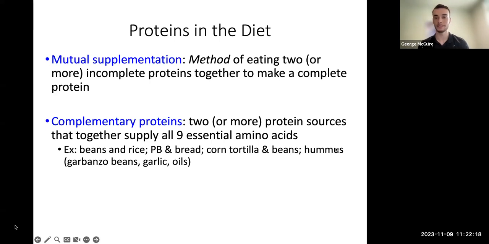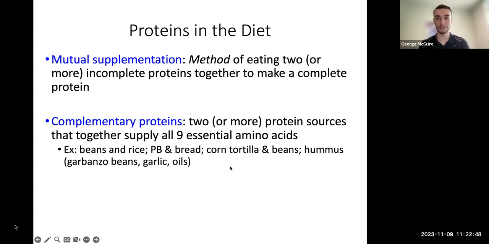And then hummus, although we consider it one food, it is a product, it is a combination of multiple sources. Hummus, being a combination of garbanzo beans, garlic, and various oils, together can be a complete protein, right? So it achieves that goal of mutual supplementation. And so again, when eating a vegan or vegetarian diet or excluding meat from your diet, you need to make sure you're getting a variety of protein sources to achieve this mutual supplementation goal.